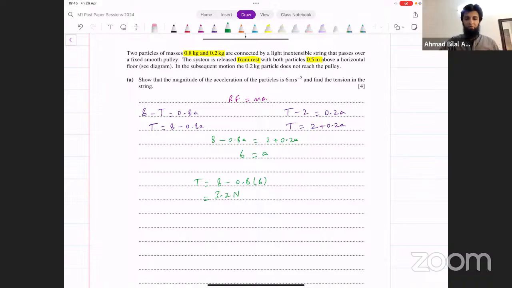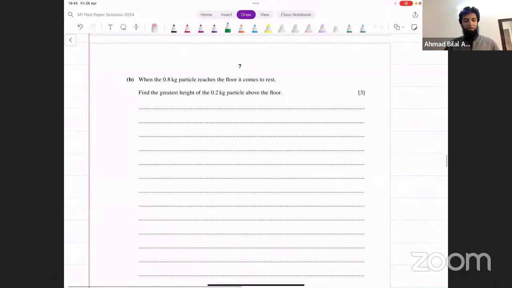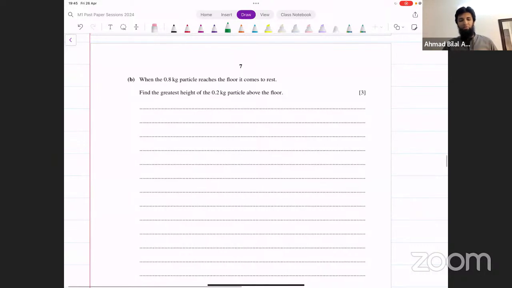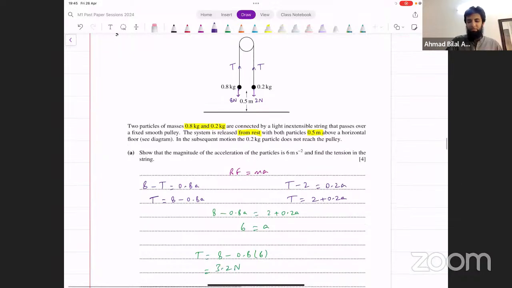Okay, pretty straightforward. Now let's look at the second part. It says, when the 0.8 kg particle reaches the floor, it comes to rest. Find the greatest height of the 0.2 kg particle above the floor. Okay, so now we're done with the forces. I can just get rid of the forces from here now.